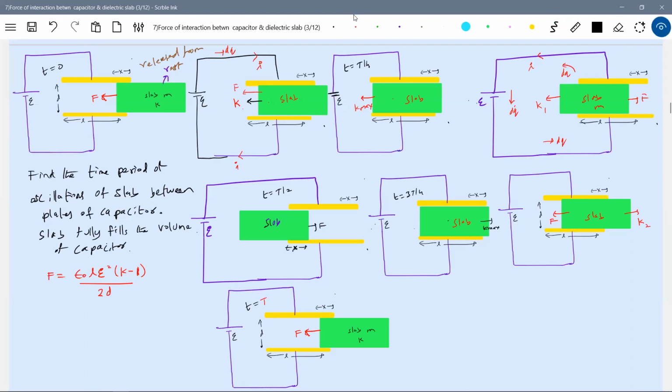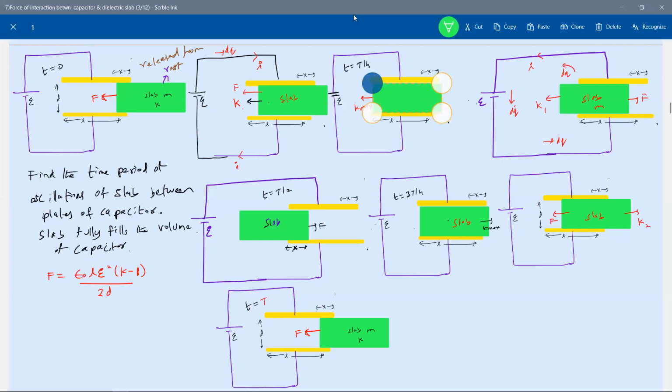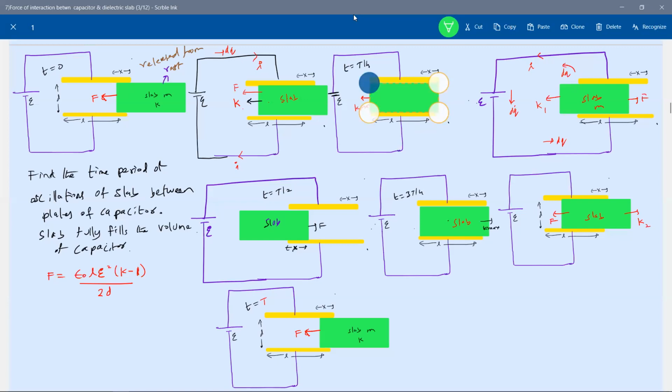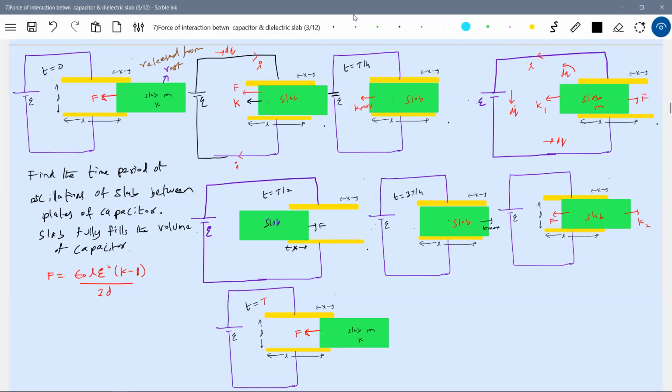Here, what about the force, sir? Can you say anything about the force? No force will act here because the fringing effect will be somewhere in this way. It is not fully between the plates. No, here force F will not act. Now, because of kinetic energy, it will start moving out of the plates of the capacitor. Then the capacitance decreases.